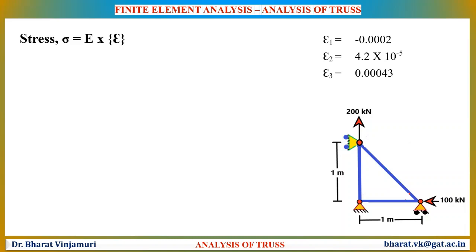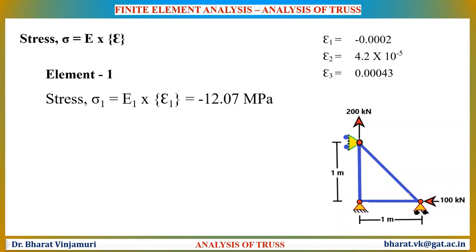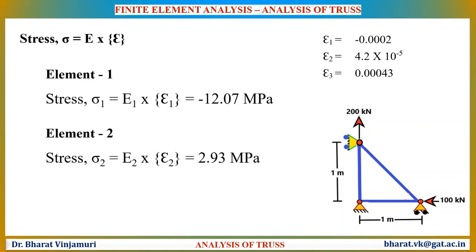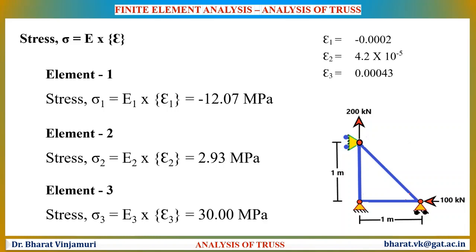The stress for each element can be calculated by multiplying the strain with the corresponding Young's modulus. Thus, the stress for element number 1 is minus 12.07 megapascals. For element number 2 it will be 2.93 megapascals, and for element number 3 it is 30 megapascals. Thus, the stresses in the 3 elements can be analyzed.